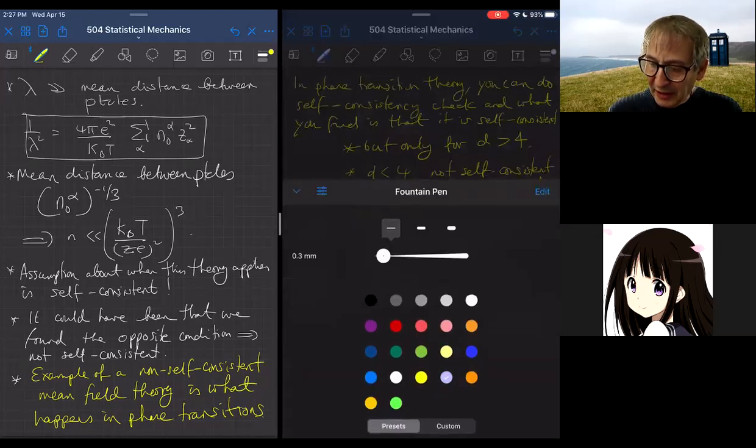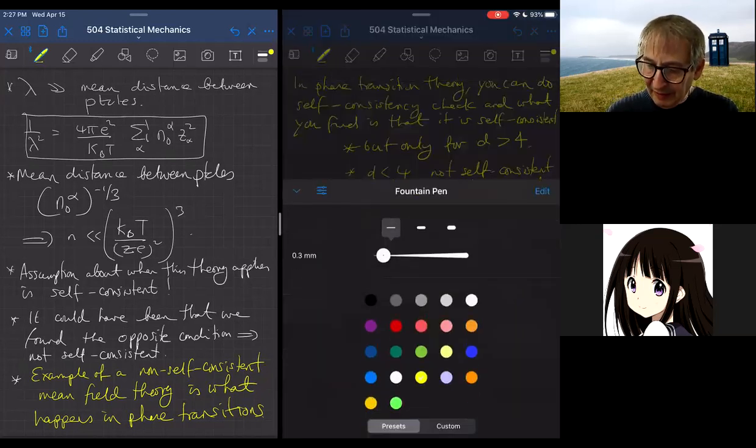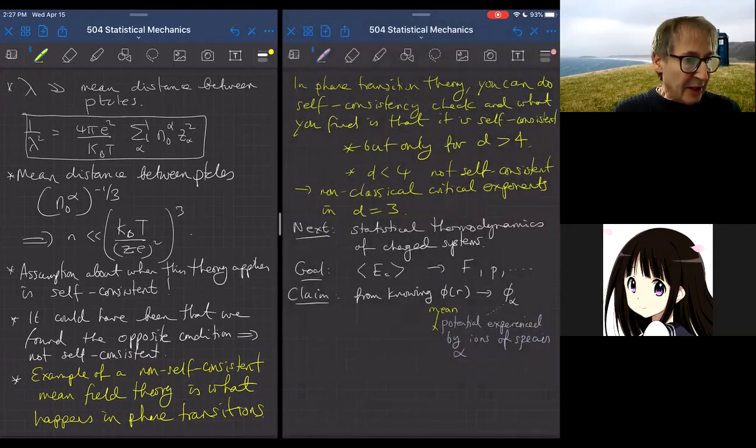And it's not just the potential, it's the mean potential, okay, because we're doing mean field theory. So let me show you how we verify this claim.